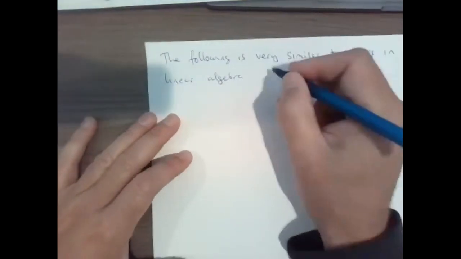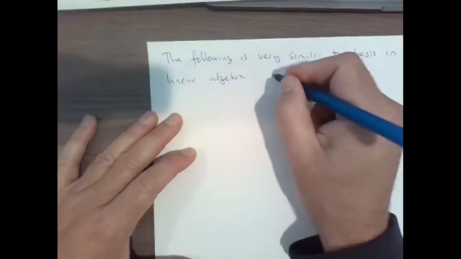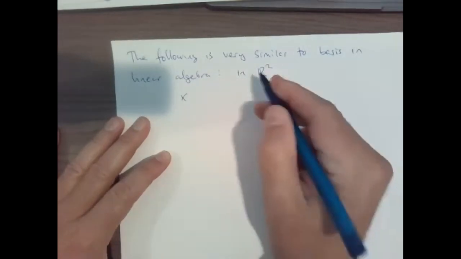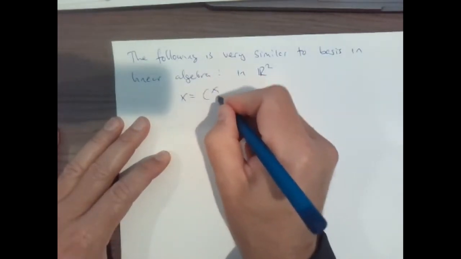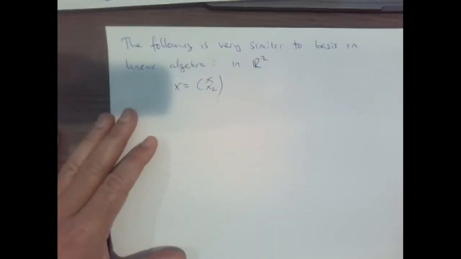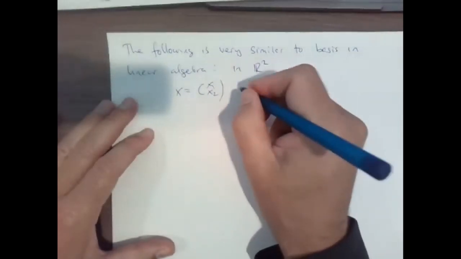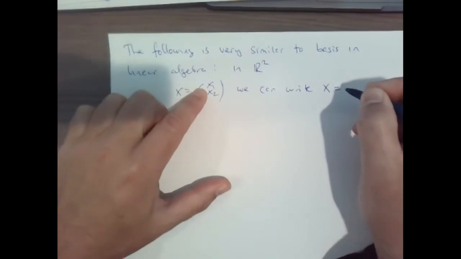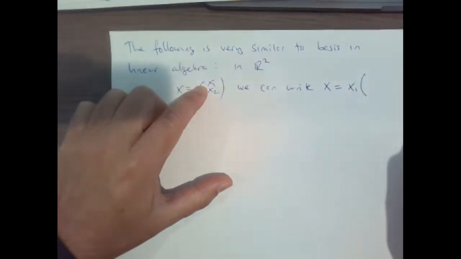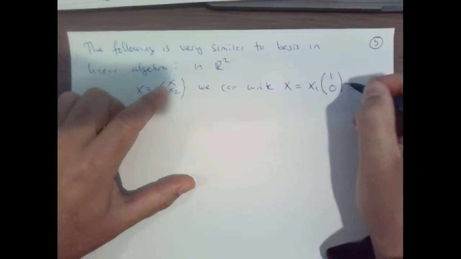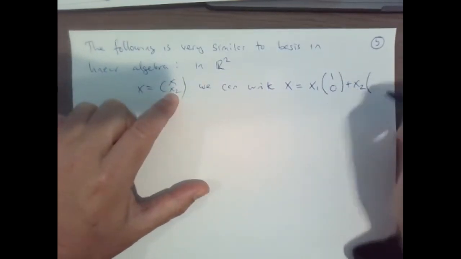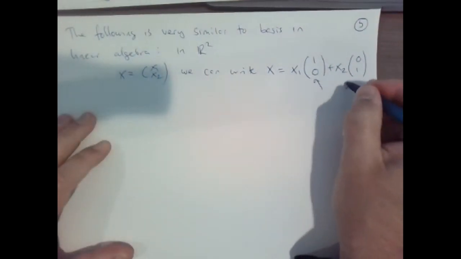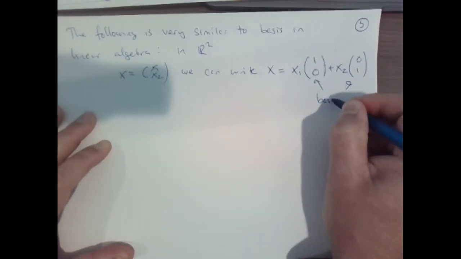For example, in R2, if I take an element x in R2, so that will be something that has two coordinates, we can write x as the first coordinate, x1, times a basis vector, and then take the second coordinate and write that times the second basis vector. These guys here are basis vectors.